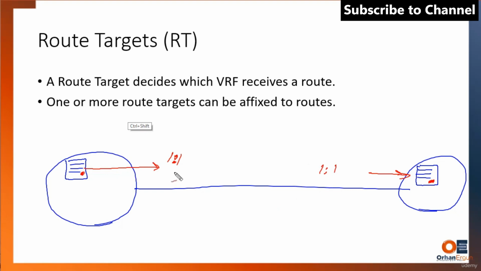This is an extra value, like I said. So this is going to say I'm exporting with 1:1, and the other side says, okay, you exported this with 1:1, so anything that comes with 1:1, I'm going to install it in here. And it says I am exporting everything with, let's say, 2:2. This means that the other side needs to make sure that anything with 2:2 is going to be imported.